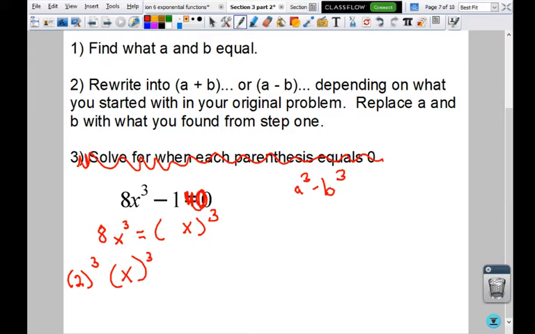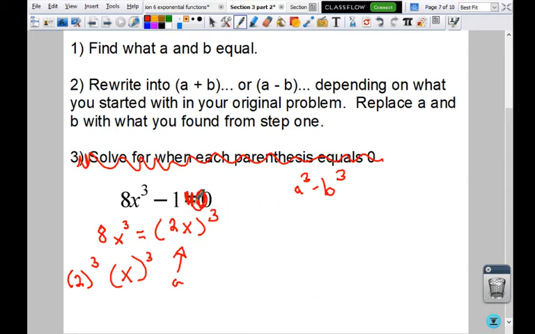You can start picking numbers and going like, 2 to the third, and see if that gets 8. Oh, that's 8. So I know it's 2 and then the exponent of 3. So I know that if I have a 2x to the third, this is going to go in for a. So 2x is going in for a, and then the 3 is outside these parentheses.